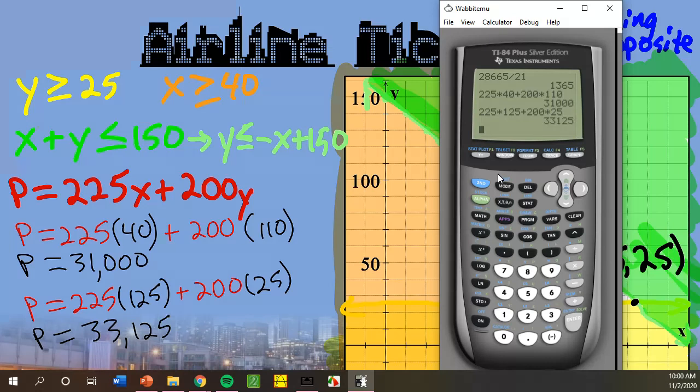So the solution that will maximize profits is 125, 25, and that is your answer for number 8.